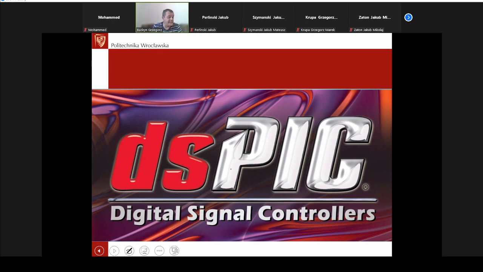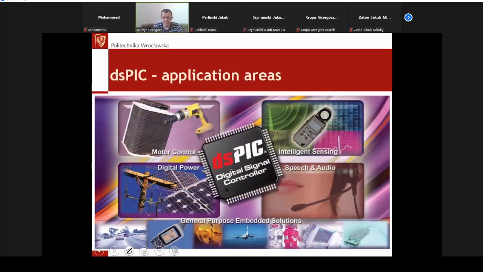In case of Microchip, their idea of DSC is the so-called dsPIC. Yeah, very clever name, as you can imagine. dsPIC is a 16-bit family of small processors with signal processing capabilities.